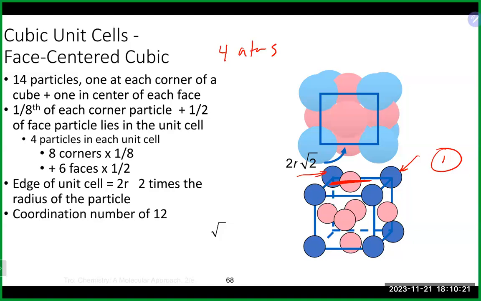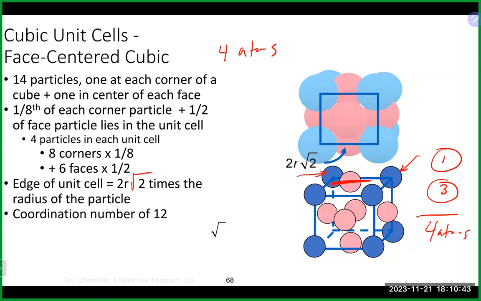So there will be basically a half an atom on each of the faces of our cube. And since there is 1, 2, 3, 4, 5, 6 faces to a cube, so we get a half an atom for 6 faces. That's our other 3 atoms, which is basically on the face of each of that cube. And that gives us a grand total of 4 atoms basically happening here.